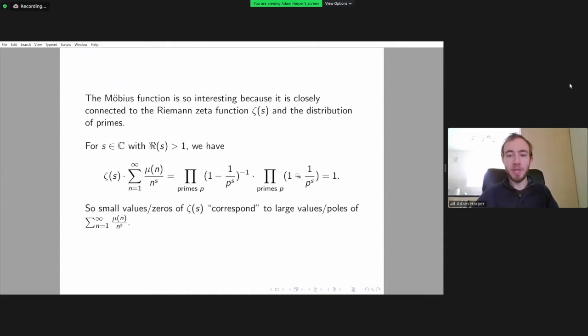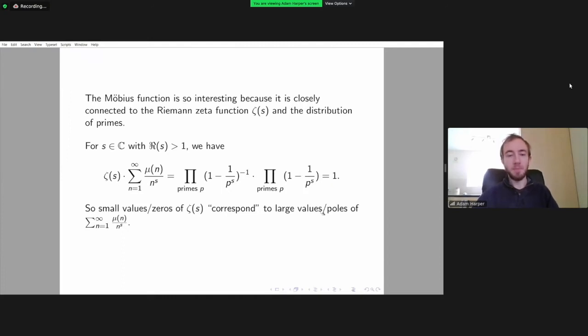And the coefficient I get is minus 1 multiplied together once for every prime factor of the number. And that's exactly mu of n. So this is the Riemann zeta function, this Euler product. This Euler product is this Dirichlet series with coefficients mu. And the point is that the factors here exactly cancel with the factors here. So this whole thing is just 1.